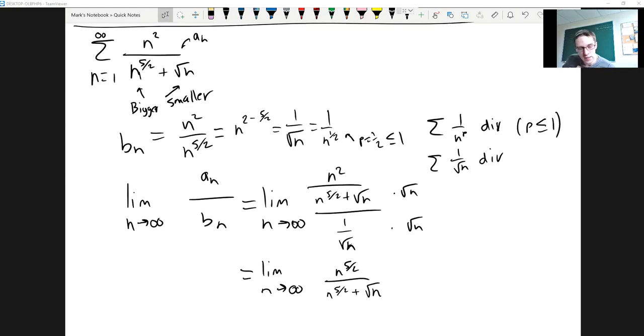This looks like an indeterminate form, though. It's infinity over infinity. And so we could try L'Hopital's rule. I don't think that's going to help us a whole lot here. A better approach would be, again, to multiply by 1 over the fastest growing term.